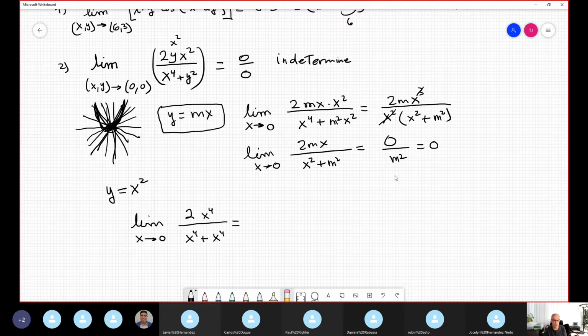This is the reason I'm using a square, because I need to make equal the degree of the polynomial at the top and at the bottom. So the limit as x approaches 0 of 2x to the 4th power.